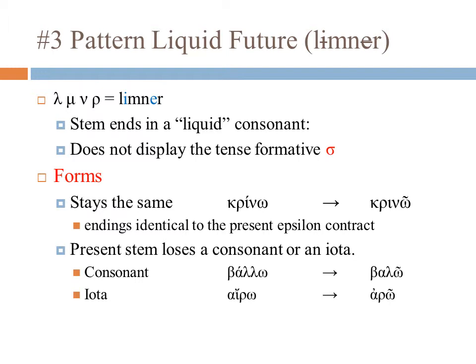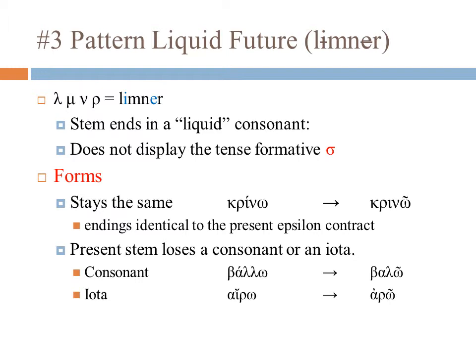The double lambda goes to the single lambda. This is very, very common. So ballo, I throw. The future will be balo with only one lambda. The thing about the present is it is the most irregular stem. Once we get past the present, what you'll see is the stems are going to look much, much more regular.